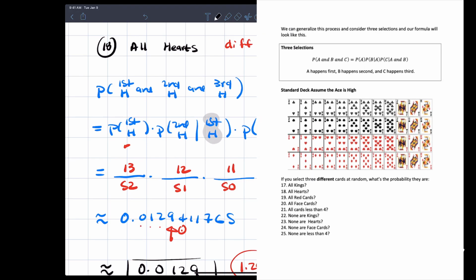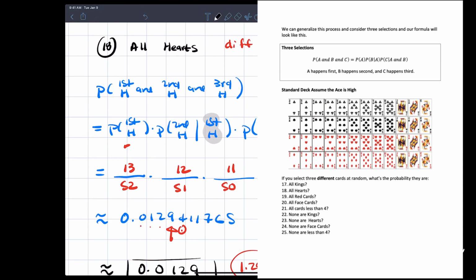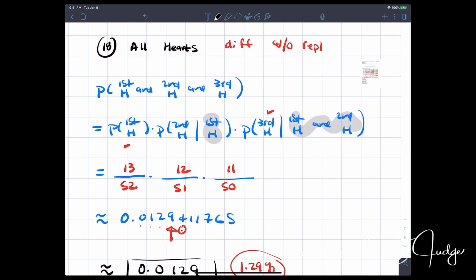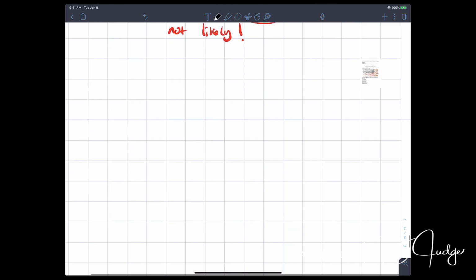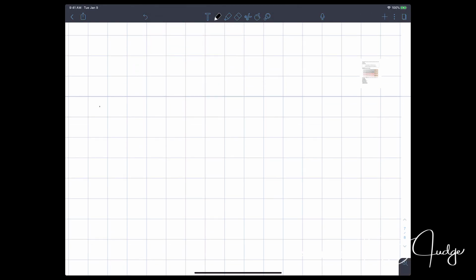Good. What's number 19? All red cards. All red. Okay, let's try all red cards. This is an interesting question. All red. And again, they must be different.